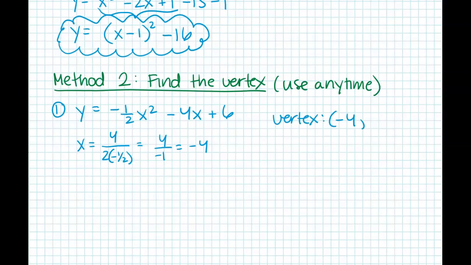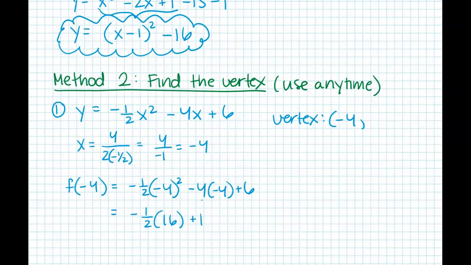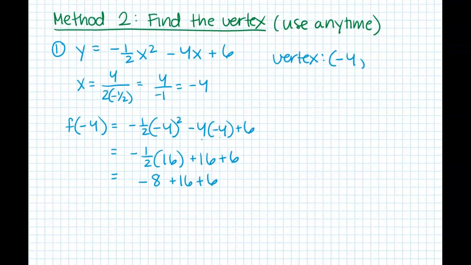Now let's find the y-coordinate. F of negative 4 is negative 1/2 times negative 4 squared minus 4 times negative 4 plus 6, which is negative 1/2 times 16, plus 16, plus 6. So that's negative 8 plus 16 plus 6. Negative 8 plus 16 is 8, plus 6 is 14. So our vertex is negative 4, 14.